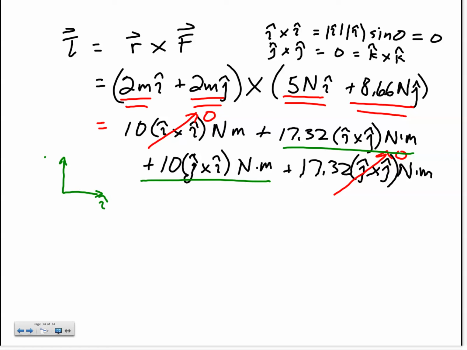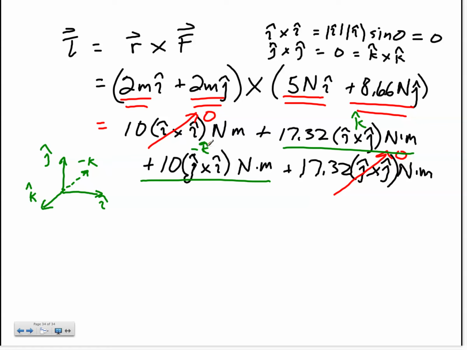This is I. This is J. If I cross I into J, what do I get? K. So this is K. What about J crossed into I? That's negative K. Very good.